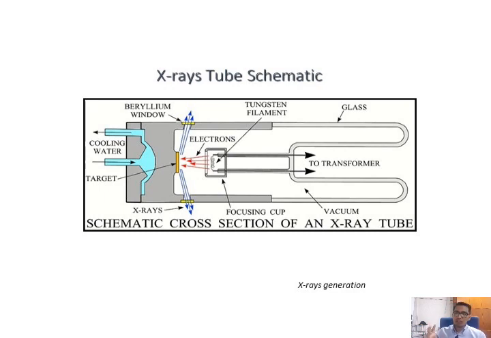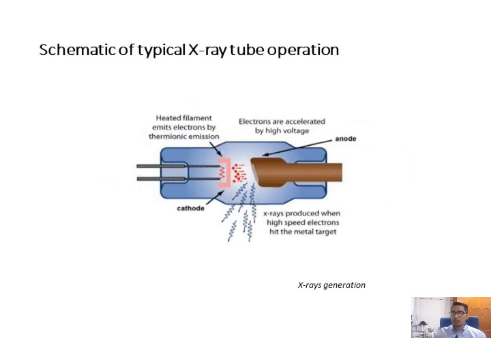These electrons will have some energy, and due to the potential difference between the tungsten filament and the target, the electrons will be accelerated.